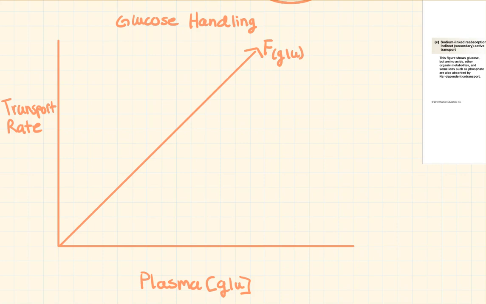I'm not going to put values on the x and y axis for this, but if we interpret this line, what this line is saying is, as you increase the amount of glucose in your blood, so moving to the right on the x-axis, you will filter more glucose into your kidney, which makes sense. The more glucose in your blood, the more glucose that enters your kidney.